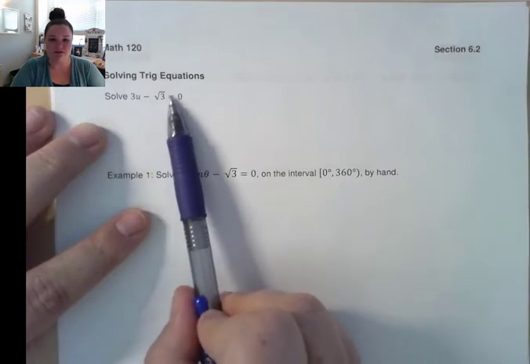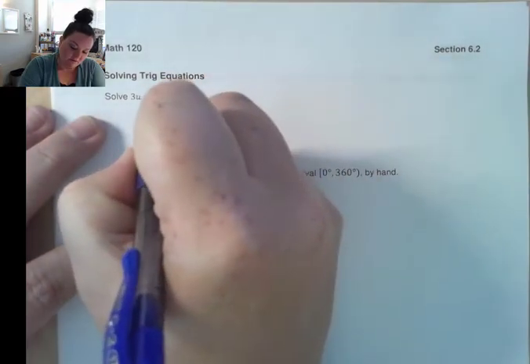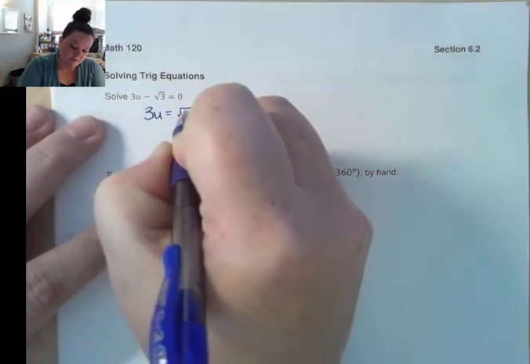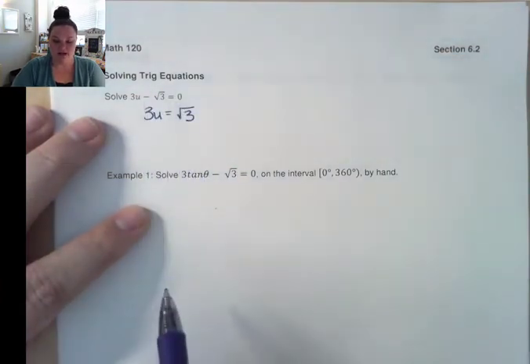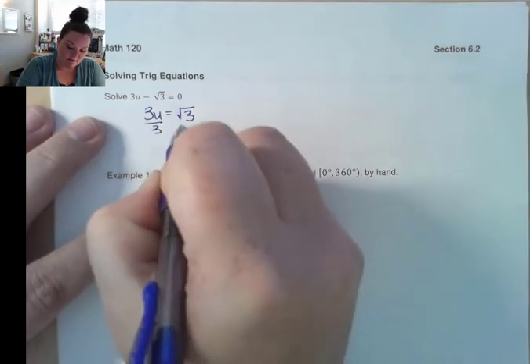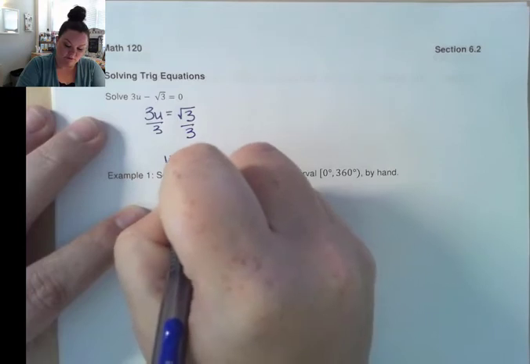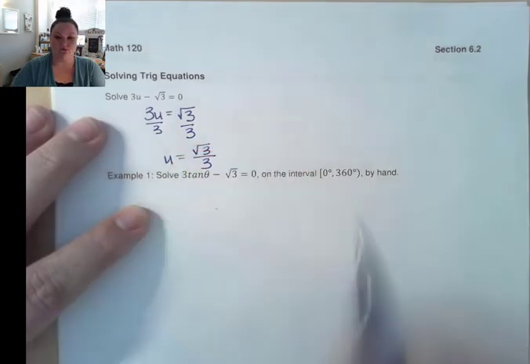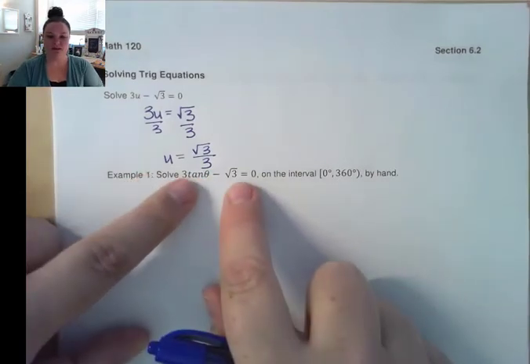So the first thing I would do is move the square root of 3 to the other side, which would give me 3u equals a positive square root of 3, because when I move this over, I would move it by adding. And then I would divide both sides by 3, which means that u is equal to the square root of 3 over 3, right? So I want to apply that same principle to this problem.